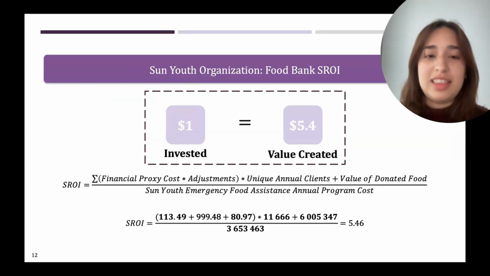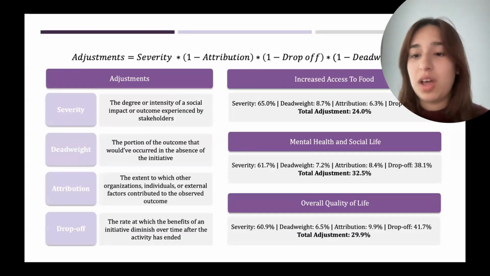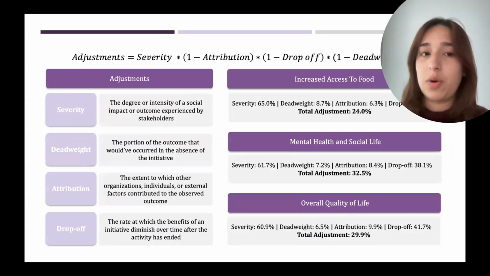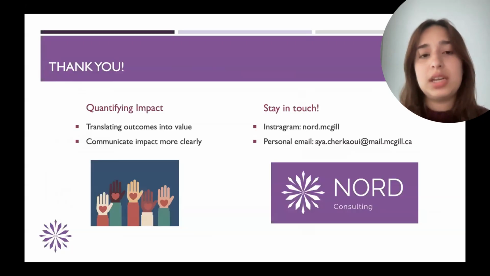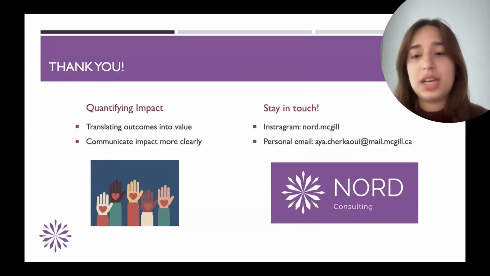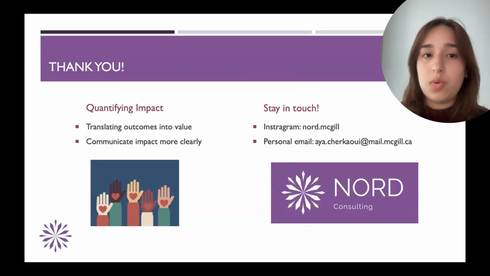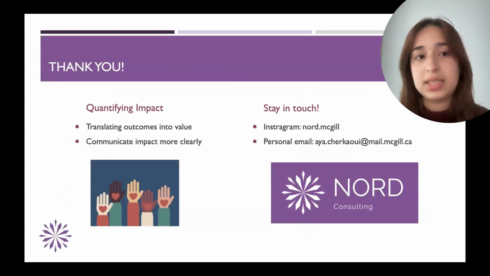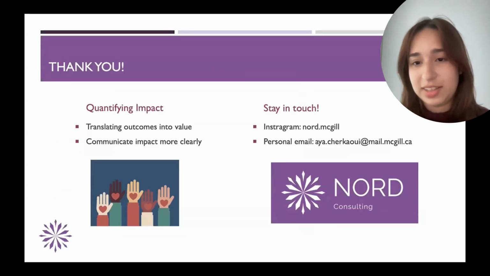As you can see in the following slides, I will save you from the headache, but we went through a lot of mathematical reasoning in order to come up with that number. We also made a lot of assumptions using financial proxies and adjustments, just to make sure that everything is accurate. Once again, I just want to reiterate that using these tools helps quantify impact. It translates the outcomes into value and then communicates the impact more clearly.